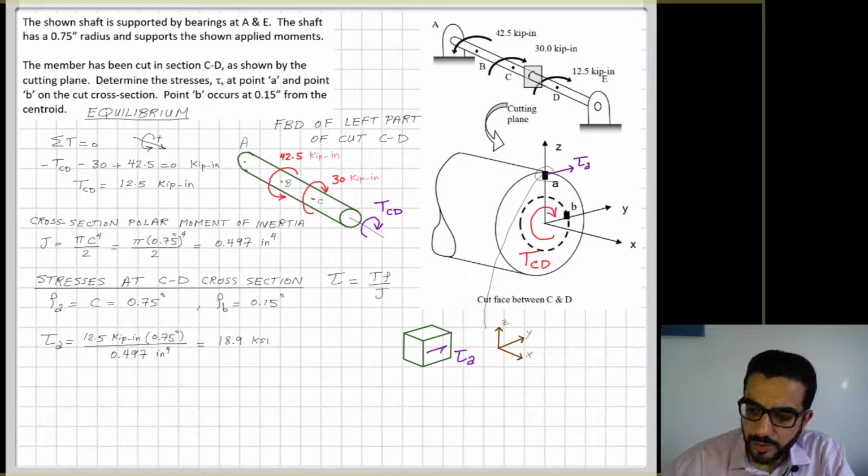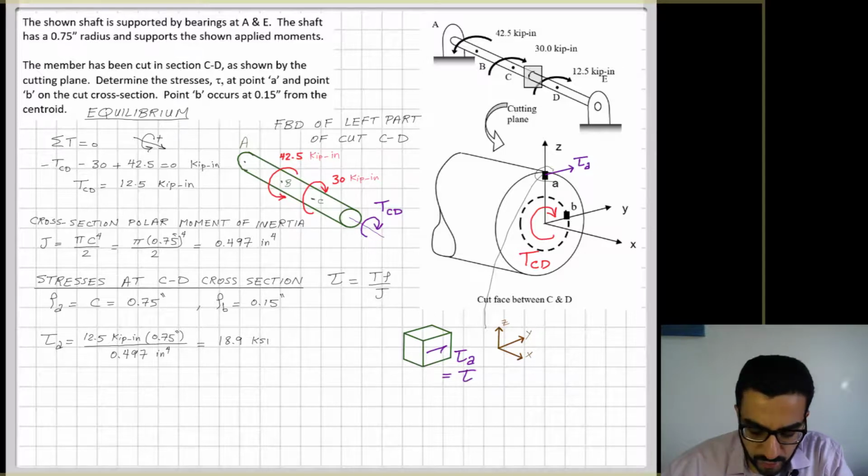And if I take a block representing point A, the face I see in front of me, where the arrow is drawn, is the same face of the cut I have, CD. So the shear stress now will be going to the right, which is the Y direction, and it's acting on the surface perpendicular to the X axis. So I will call this tau XY.